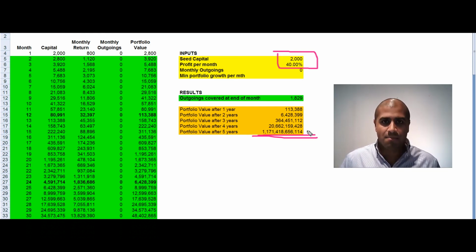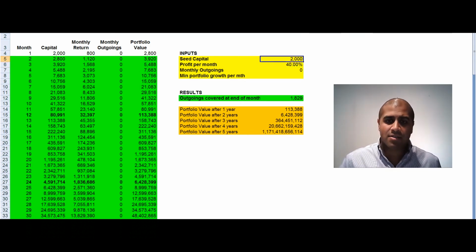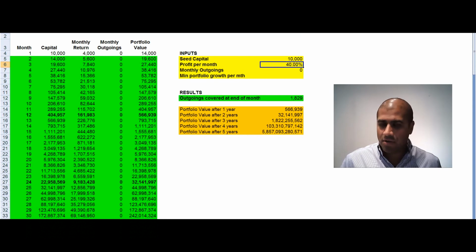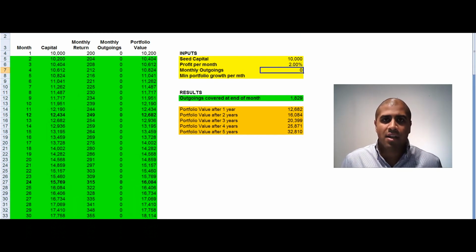Now, if we look at this sheet here, what you'll notice is if we just change these numbers, and let's say we went back down to 2% on a 10k account, you can see that the portfolio value in about 5 years' time is about 32,000. For a lot of people, they'll be like, wow, fantastic, that is something I definitely want to get involved in, because you're not going to be able to grow your savings in a bank account to that kind of return.